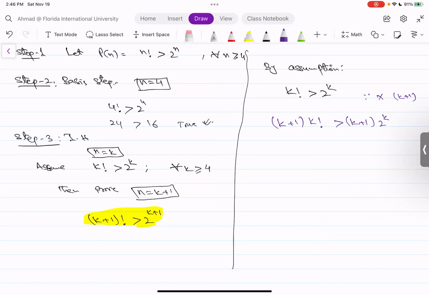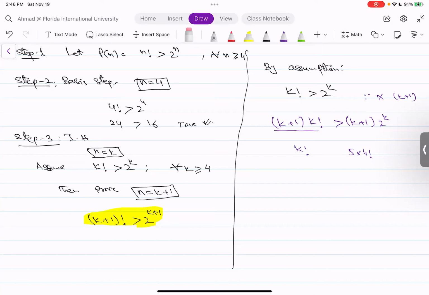That should be true now. So k plus 1 into k factorial is nothing but again a factorial. For example, if you have some number, 5 times 4 factorial, this is going to be 5 factorial.